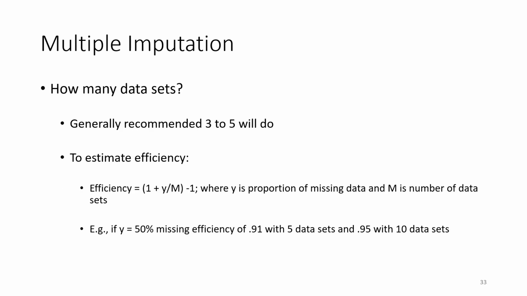So I mentioned that typically multiple imputation is done such that values are estimated for between 3 and 5 data sets. Given that SPSS does this automatically for us, it doesn't really matter whether we have 3 or 5 data sets. SPSS will compute the summary statistics just as easily from 3 or 5.